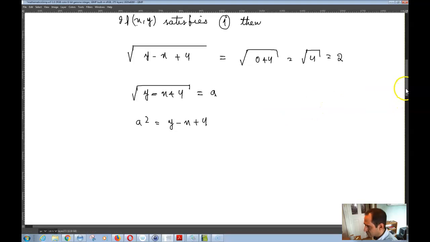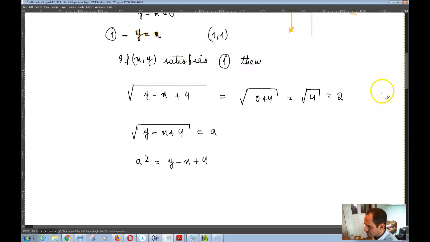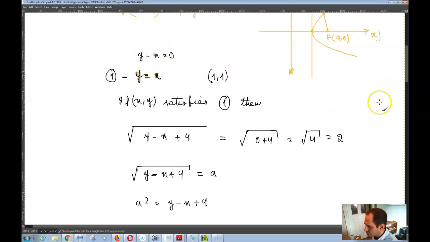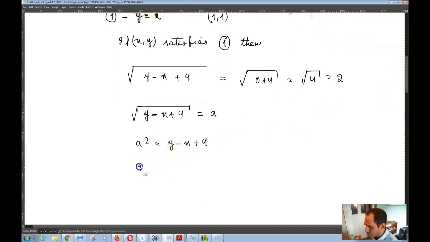And since y minus x over here is equal to 0, I can write a squared is equal to 0 plus 4. So a squared is equal to 4. So a is equal to, well, plus or minus 2, but I'm ignoring the negative side, so a is equal to 2.